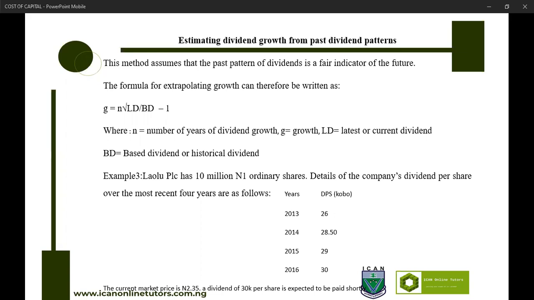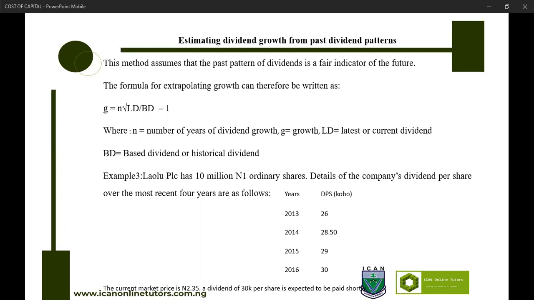So where G represents the growth in dividend, N represents the number of years of dividend growth, LD represents the latest or current dividend, while BD represents the base dividend, or what is known as the historical dividend. All this will be minus 1, and 1 is constant. Please take note of this.